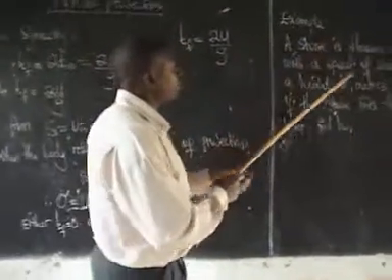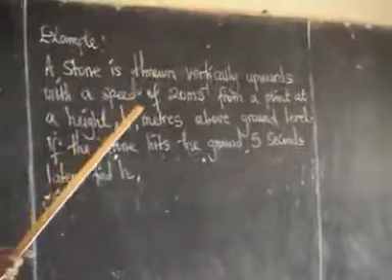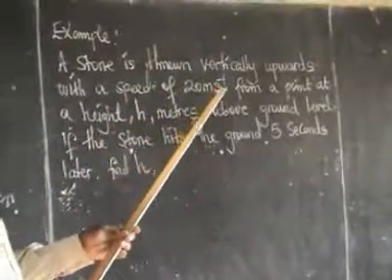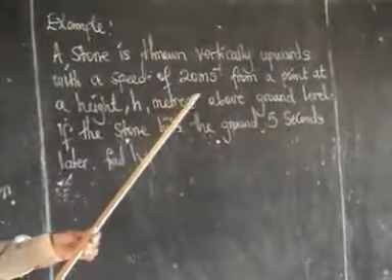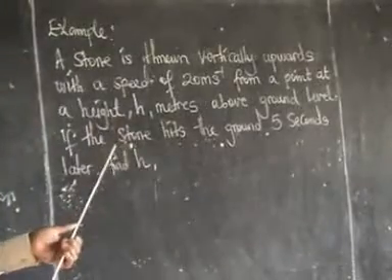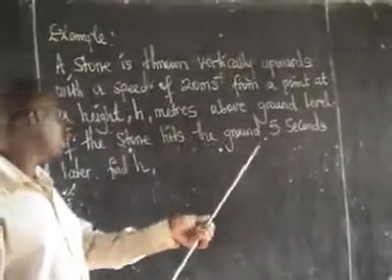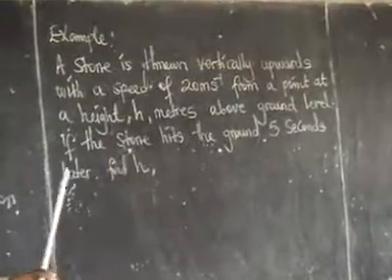A stone is thrown vertically upwards with a speed of 20 meters per second from a point at a height h meters above ground level. If the stone hits the ground 5 seconds later, find h.